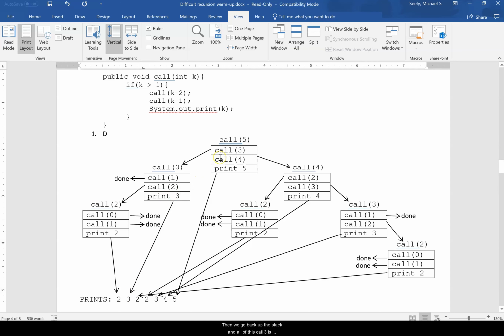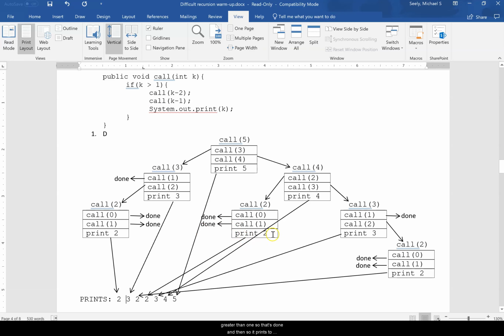Then we go back up the stack, and all of call 3 is done. So we're doing call 4 right here. Call 4 minus 2 is 2. 4 minus 1 is 3. And so call 2: 2 minus 2 is 0, so that's done. 2 minus 1 is 1, and 1's not greater than 1, so that's done.